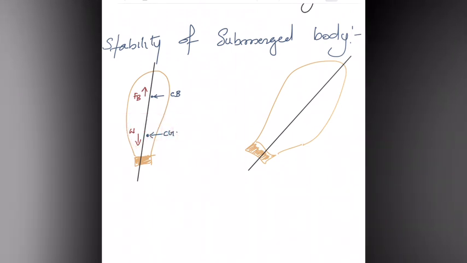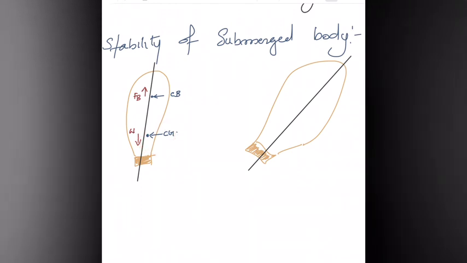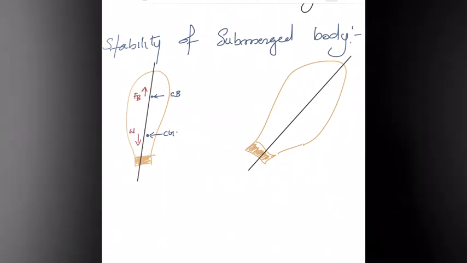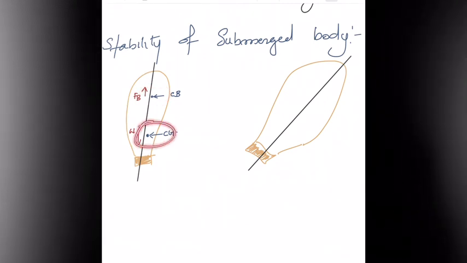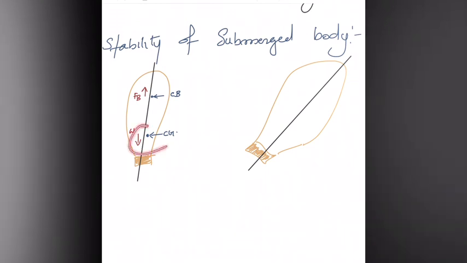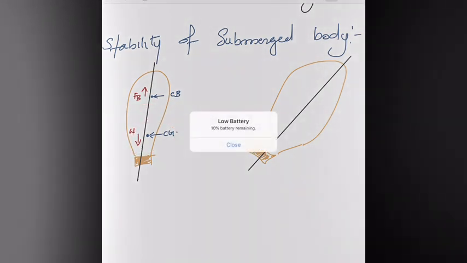Since the weight is concentrated at the lower part, the center of gravity is at the lower part, and the center of buoyancy is above the center of gravity.